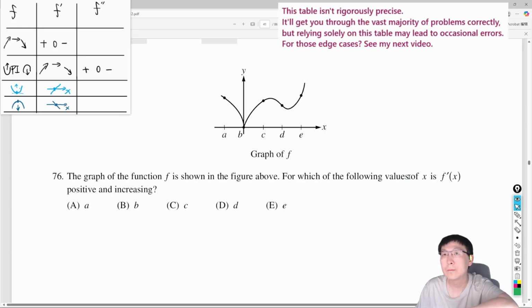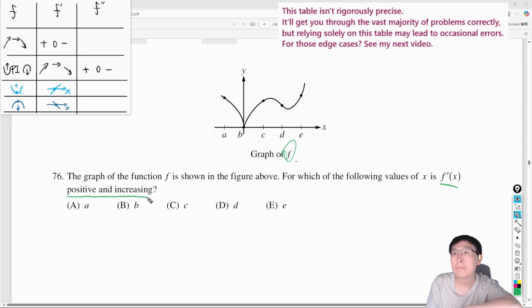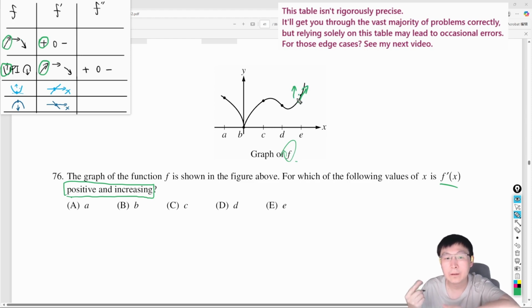The graph of f is shown, and we need to find where f prime is both positive and increasing. F prime positive and increasing match where f is both increasing and concave up. So we need to find where f is increasing and concave up. Then E it is. Pretty easy, right?